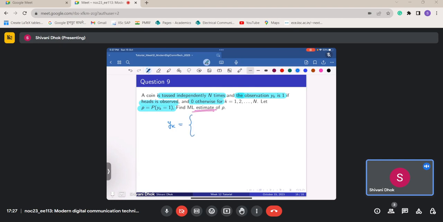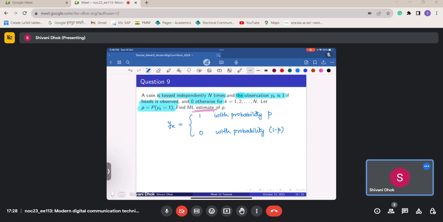Your y_k can be equal to 1 with probability p as mentioned here, or your y_k can be equal to 0 with probability one minus p. Okay, I hope this is clear.